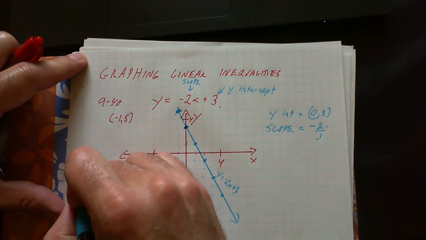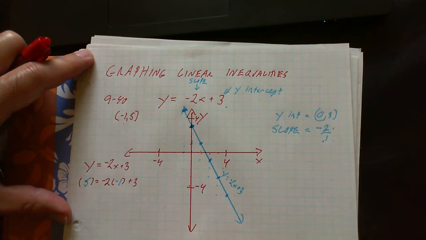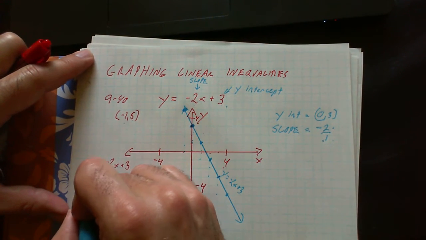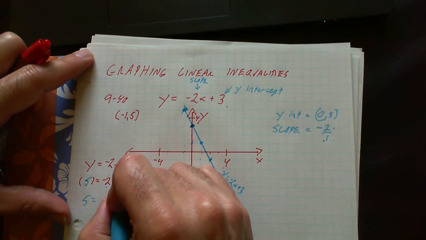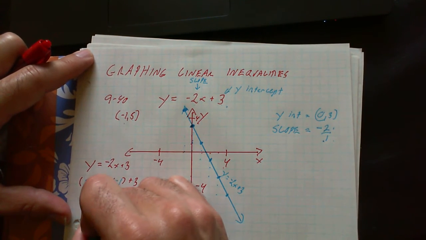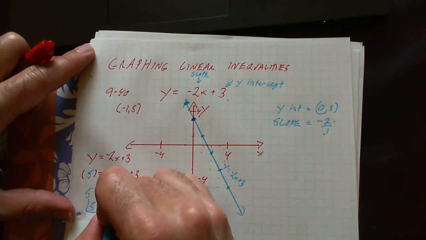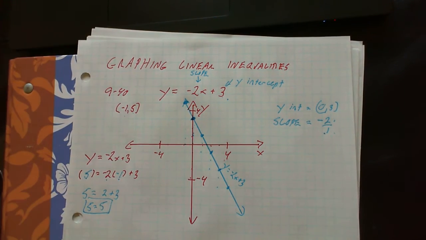It's the 5. Plug 5 in for my y and -1 for my x, and they should come out. -2 times -1 is 2, plus 3. What's 2 plus 3? 5. And yes, it is part of my solution.